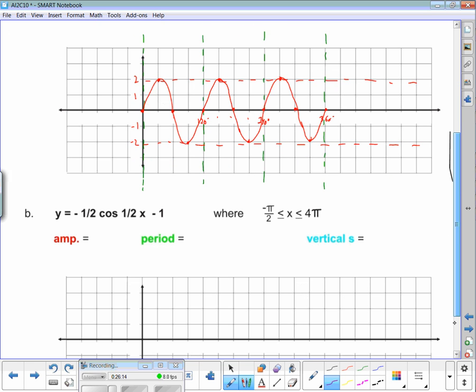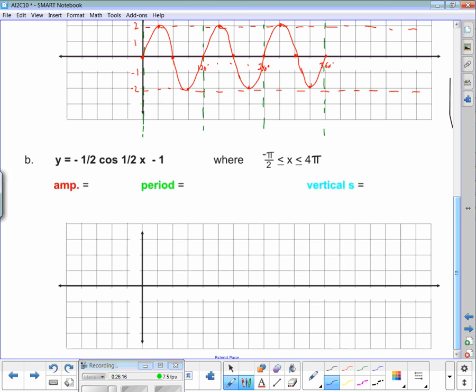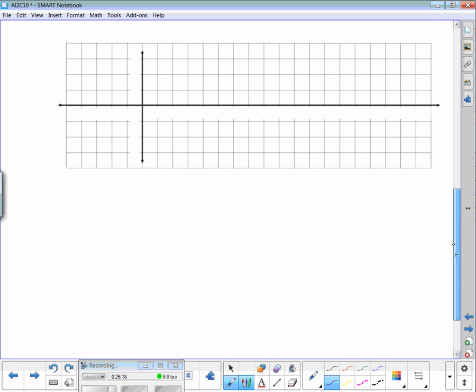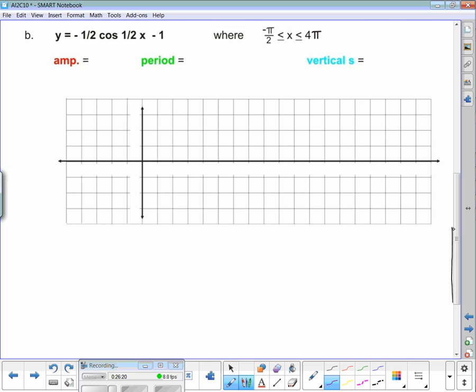Let's do one more example. All right, so right off the bat again, figure out your amplitude, figure out your period, figure out your vertical shift.